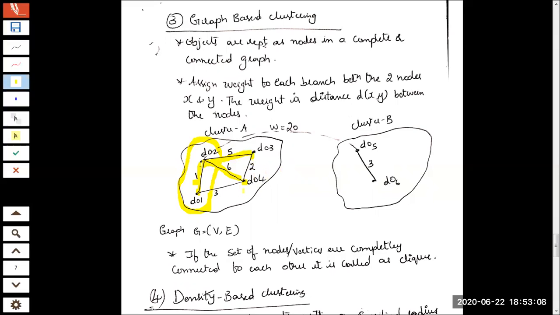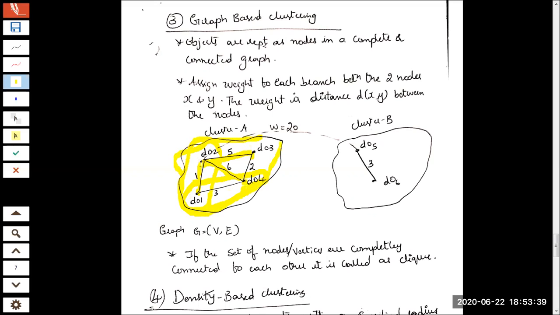Okay. For example, the distance between data object 1 and data object 4, you can see it is 3, meaning that data object 1 is more closely related to data object 2 than data object 4. So the distance between data object 2 and data object 4 is 6, meaning that they are not so closely related, but still they are part of the same cluster.